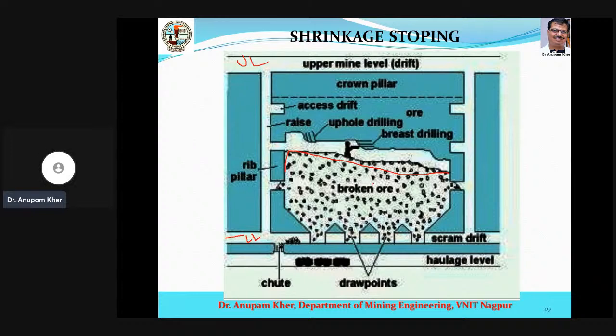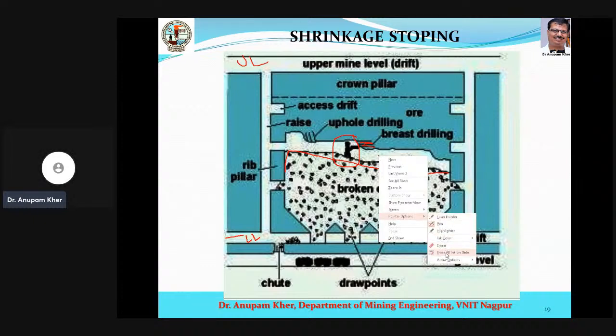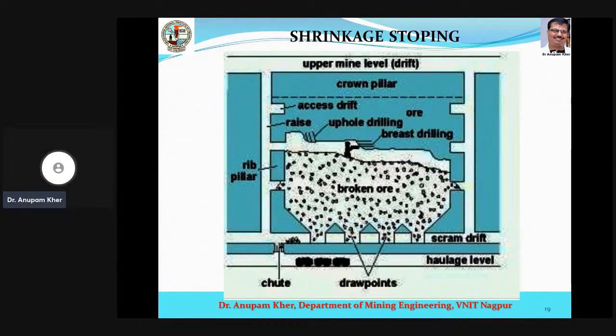This broken ore allows the workers and all the mining staff to stand on it and move. As you can see, a person drilling the holes here, horizontal holes in the chest direction, that's why it is called breast drilling. Some holes can be drilled as uphole drills also. So this acts as a platform.